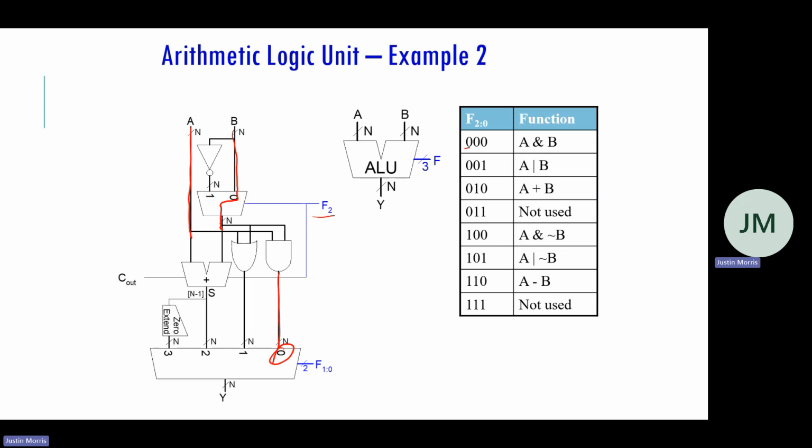And then we can look at, again, the implementation of subtract for this. F2 is 1, so we will invert B. So we've got the first part of this working well, and F2 is also used as the carry in for the adder.